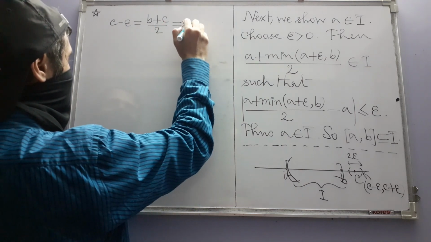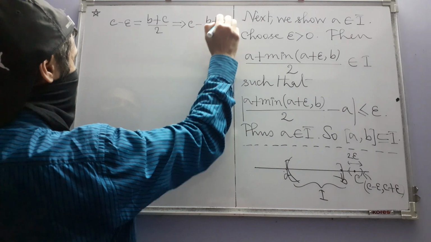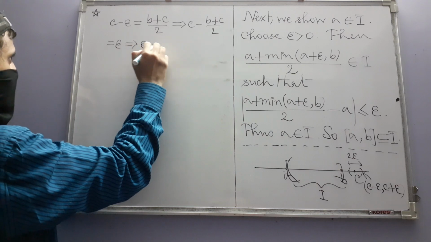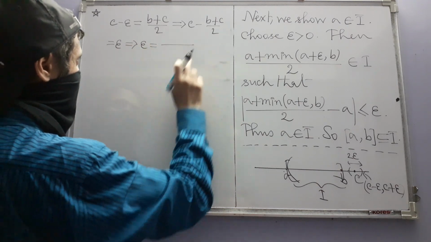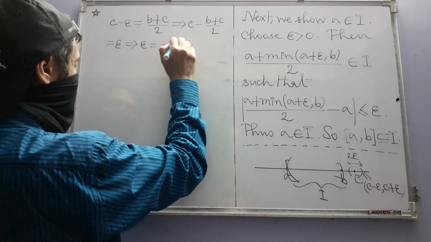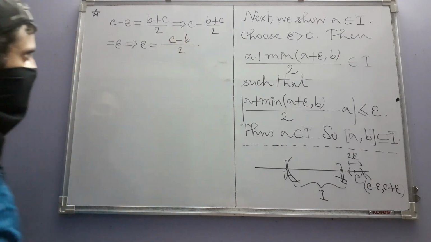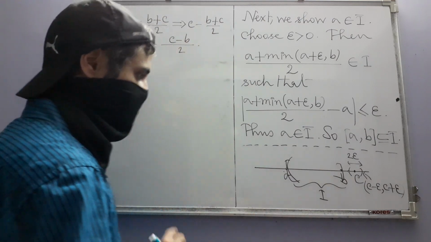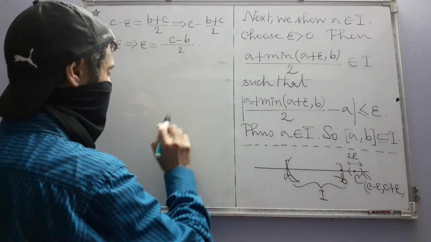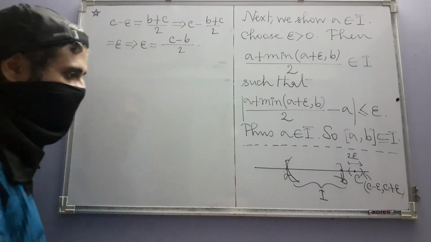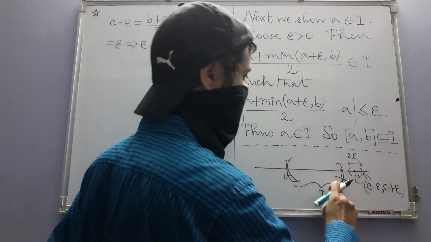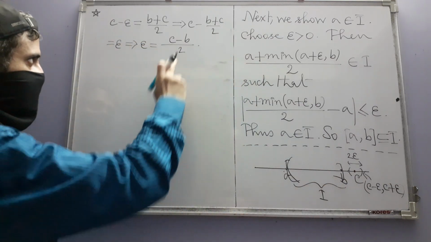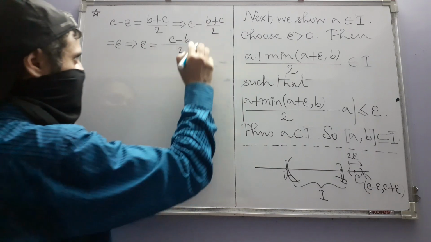So from this we can calculate epsilon. This implies C minus (B plus C)/2 is equal to epsilon, that is, epsilon is equal to (2C minus B minus C)/2, which is (C minus B)/2. So our epsilon should be (C minus B)/2. But also we should have epsilon positive. Will it be positive? Yes, because C is greater than B, and that's why C minus B is positive, so half of that is also positive.